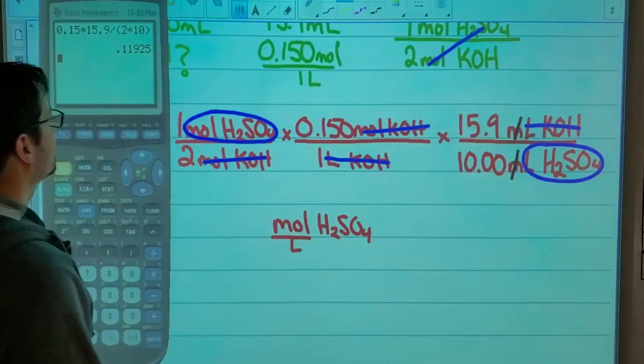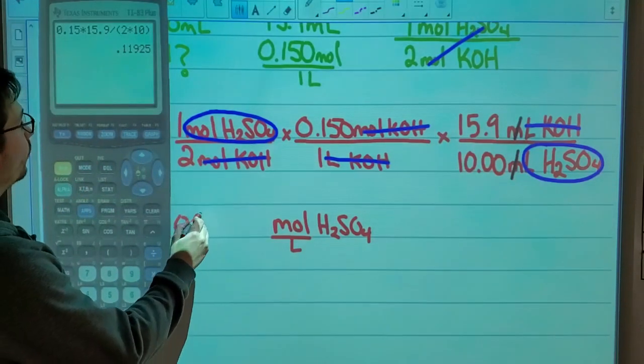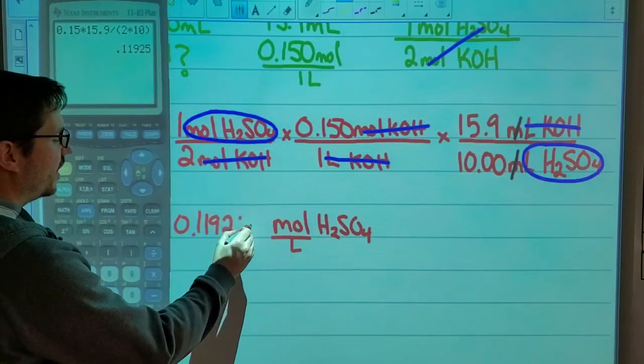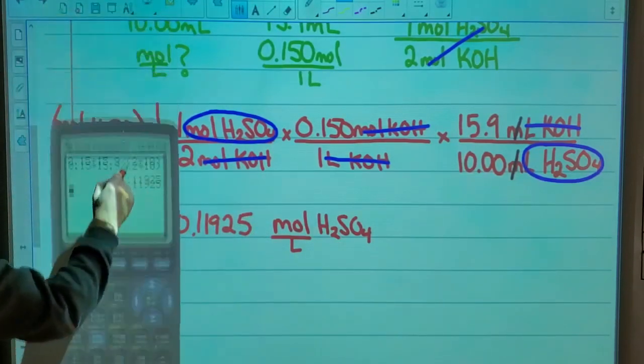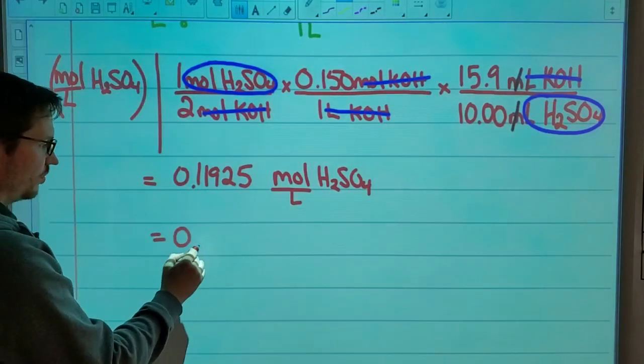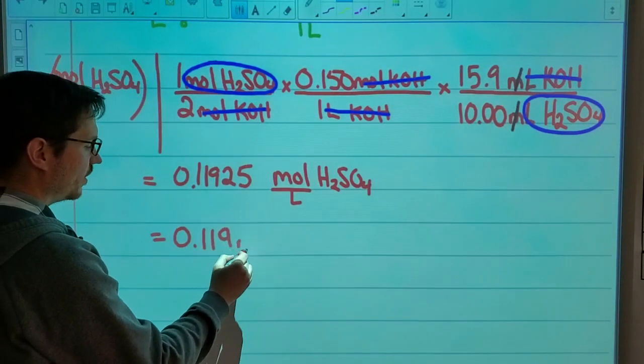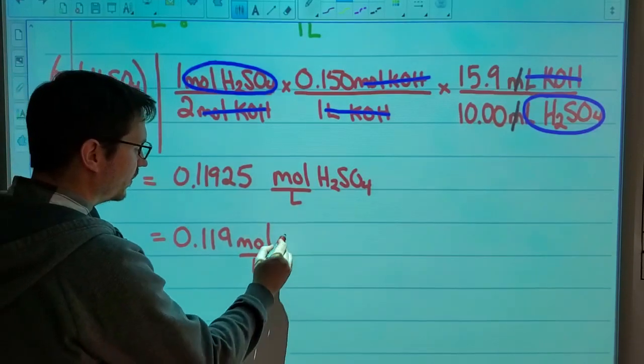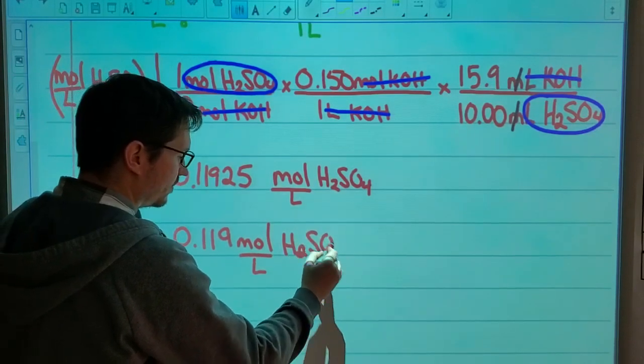That should give us 0.11925 moles per liter. So we're going to round that to 0.119 mole per liter H2SO4.